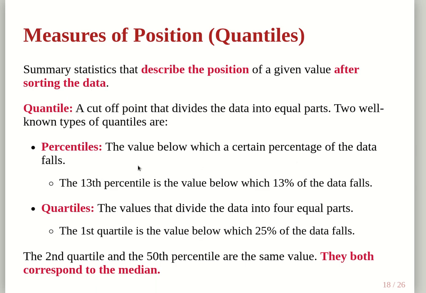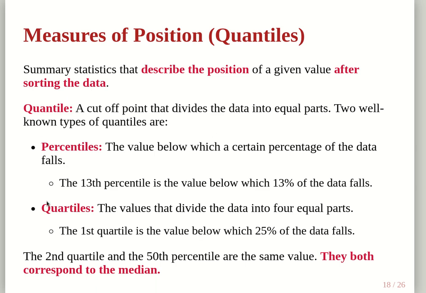So if I think about the 30th percentile, I would be looking at whatever value in my data below which 30% of the data falls. We're going to see that in an example in the next slide.